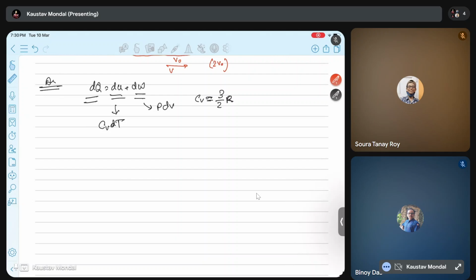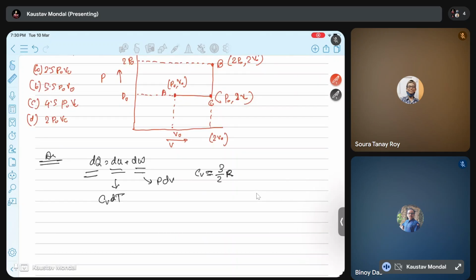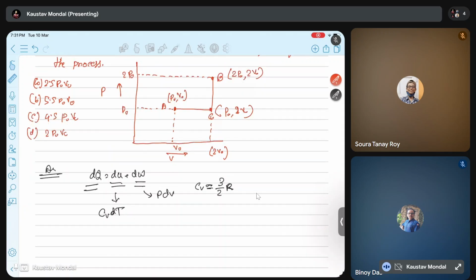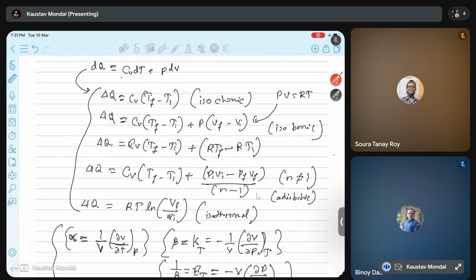So for the first case, it would be from A to C, right? From A to C, we know only the volume is changing, so it would be an isobaric process.